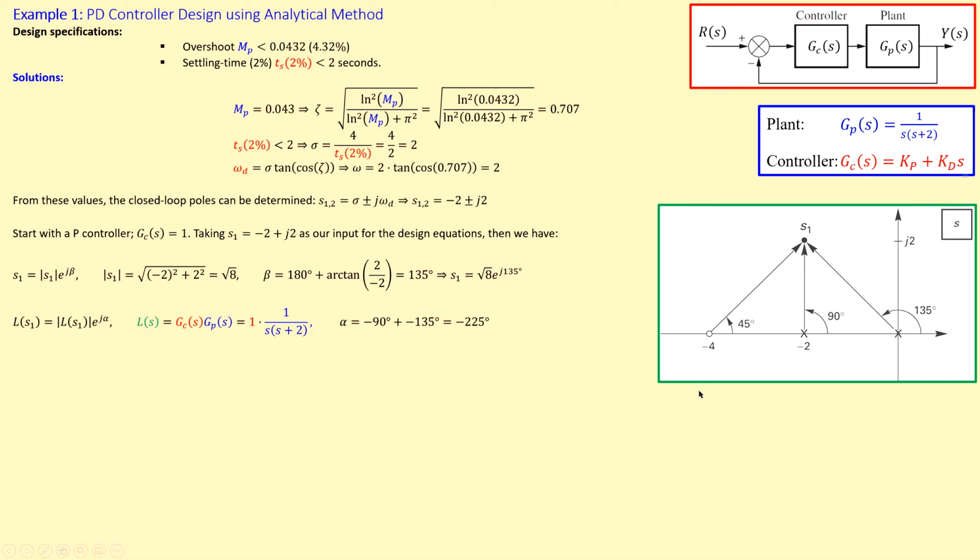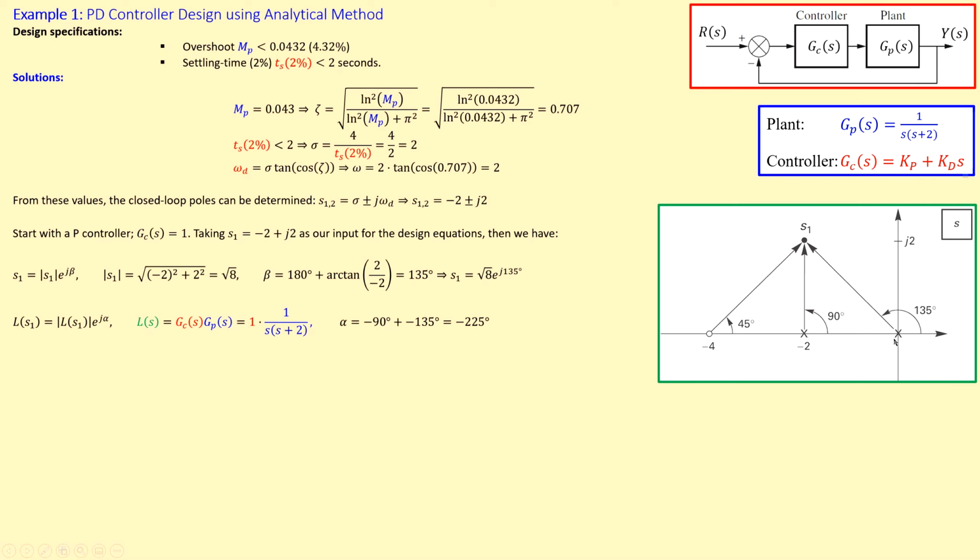Since it is a pole, you will have a negative phase contribution. If it is a zero, you will have a positive phase contribution. You already see a zero here. This will be discussed shortly because this is needed when we have the PD controller.